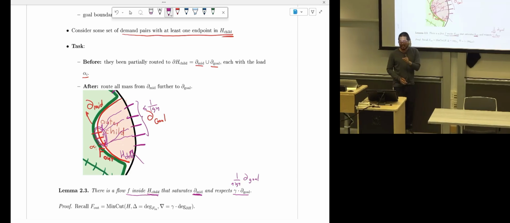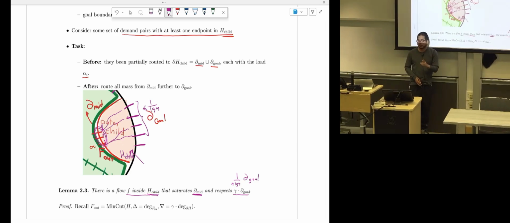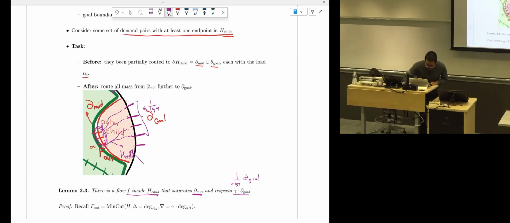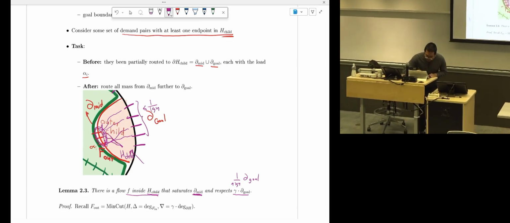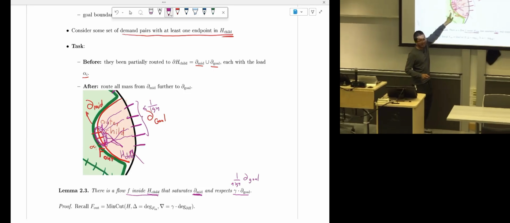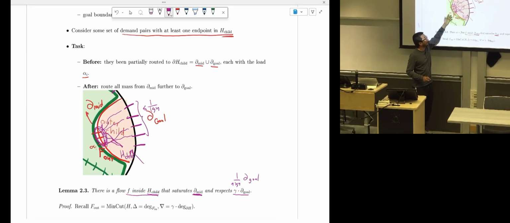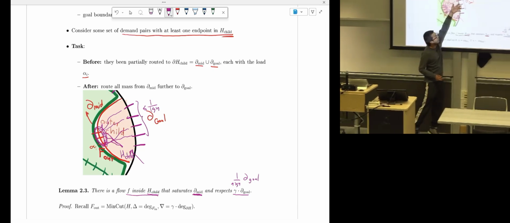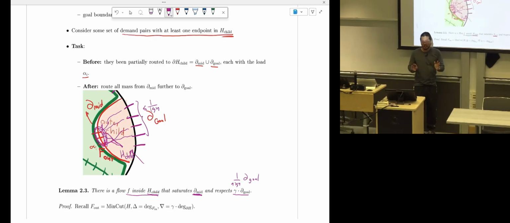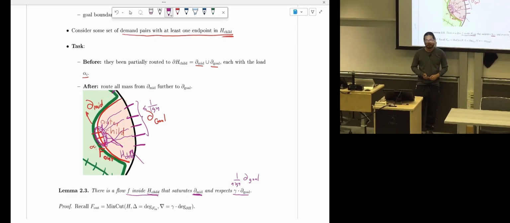But here I might not want to just send 1 unit because the flow that gets to this guy so far can be as big as alpha I. So I can just scale up the flow by alpha I at most and send following this flow. So the congestion is not 1, but just alpha I, small. It's not even log, it's just constant.